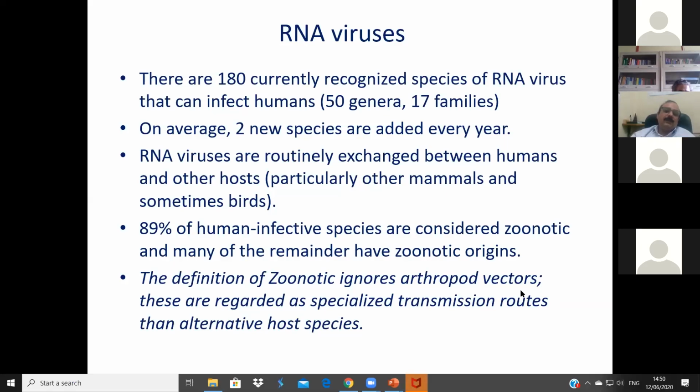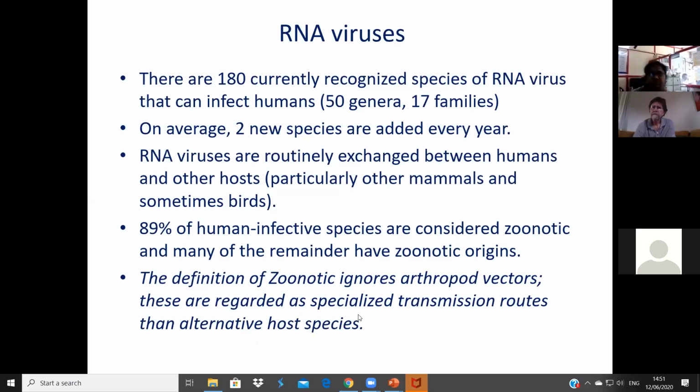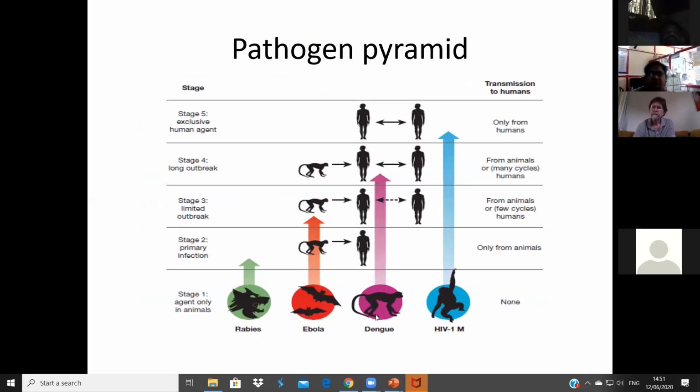Previously, we talked about zoonosis as diseases transmitted by vertebrate animals to human beings, and at that time scrub typhus, which is caused by the bacterium Orientia tsutsugamushi, was not considered a zoonosis. But now the later definition ignores arthropod vectors, and they say that these are just transmission routes rather than alternative host species.